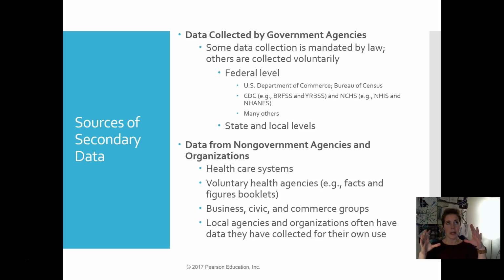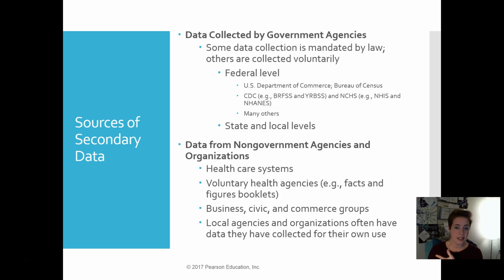Again, I think about the needs assessment as being really quite specific to a community, but it's always in the context of a larger community or the state itself, and then certainly within the nation. So it's important to think about the various systems at play. Data can also come from non-governmental agencies or organizations. Healthcare systems are a really good source of data related to particular health outcomes.